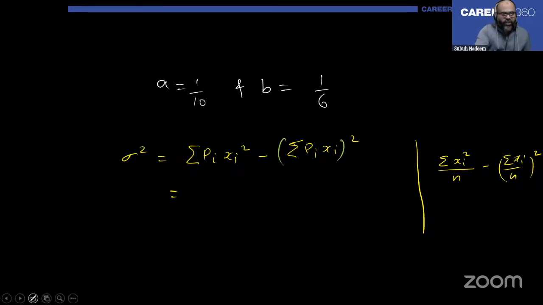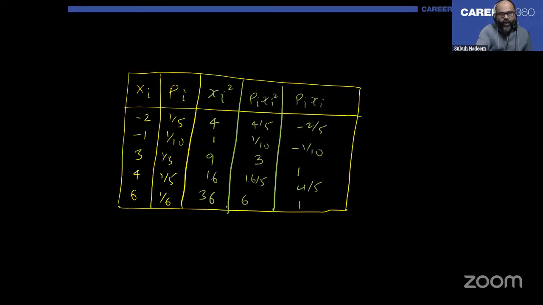So sigma pi xi square, if you calculate this, you will get 4 by 5 plus 16 by 5, that is 20 by 5, that is 4. 4 plus 3 is 7, and 7 plus 6 is 13. And 1 by 10 is 0.1. So 13.1.